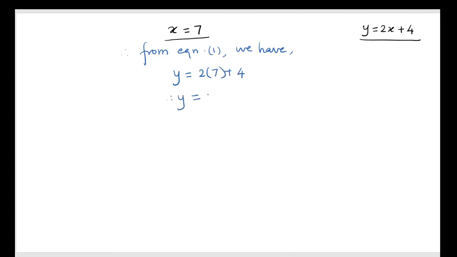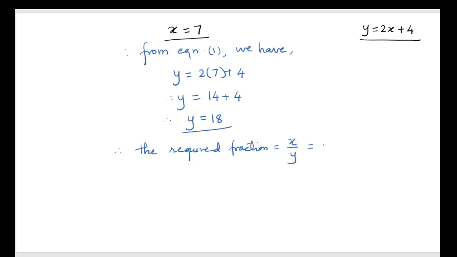Therefore, y is equal to 2 sevens are 14 plus 4. Therefore, y is equal to 18. That's our denominator. Therefore, the required fraction is equal to x upon y is equal to 7 upon 18.